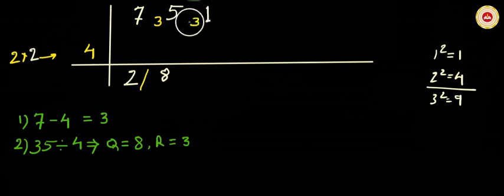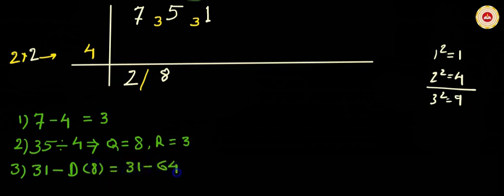This is the gross dividend. 31 is the gross dividend. We are going to calculate the net dividend from this gross dividend 31. So it will be step number 3. 31 minus... How to calculate the net dividend from the gross dividend? 31 subtract the duplex of the first quotient digit, which gives you 31 minus 64, which is equal to how much?